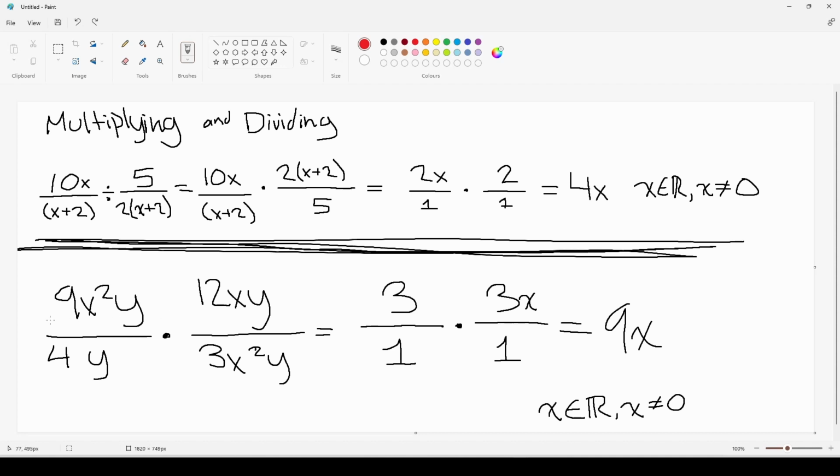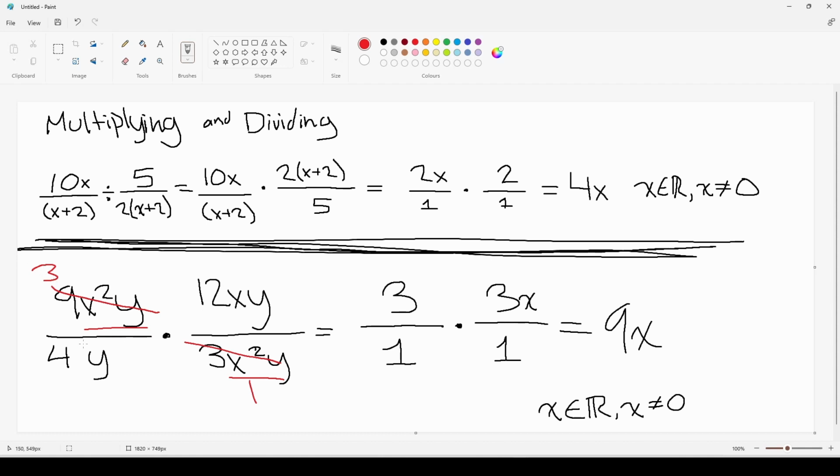What you're going to want to do is take your given question, your terms, and you're going to cancel out what you can. In this case, the 9x squared y, this one becomes a 1, this one becomes 3, because all of the variables cancel out, and 9 divided by 3 is just 3.